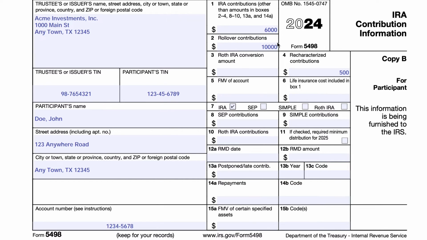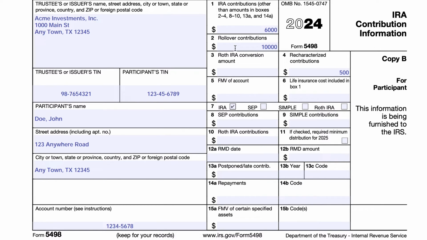So no rollover contributions, no Roth conversions, no recharacterizations, no SEP, no SIMPLE, no Roth IRA contributions, no postponed or late contributions, and no repayments. So in this case, this would be John Doe putting $6,000 into his traditional IRA.